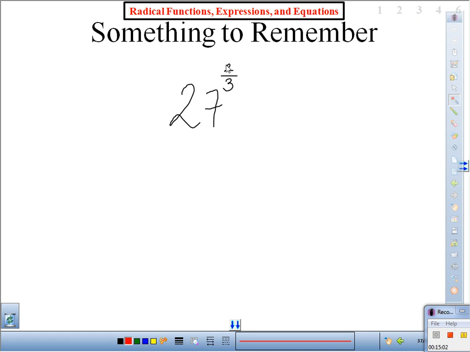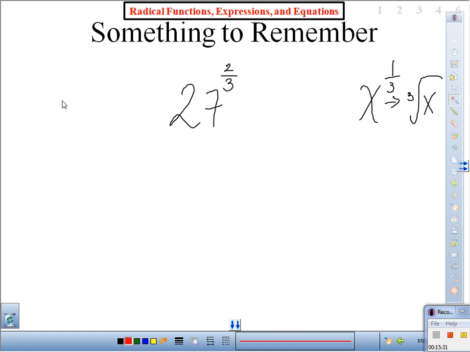You guys see that right here? All right. So check this out. I need to rewrite this. Why, Mr. Q? Because I know that anything to the 1/3 power is what? Cube root of whatever. Is that correct? So I need to make this look like that.